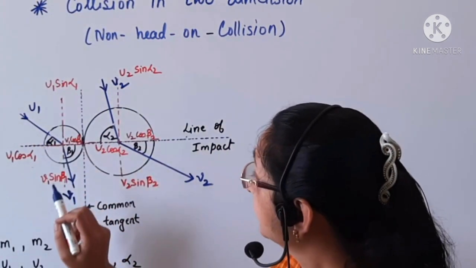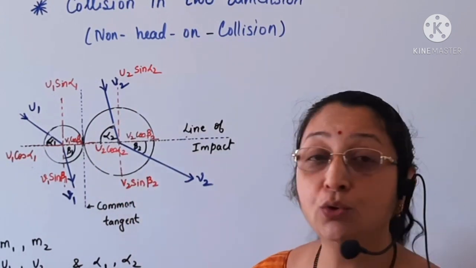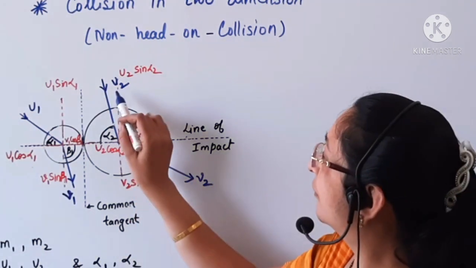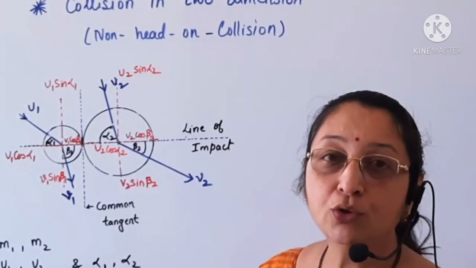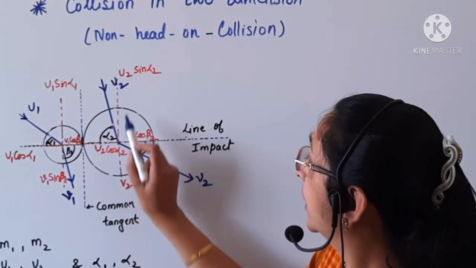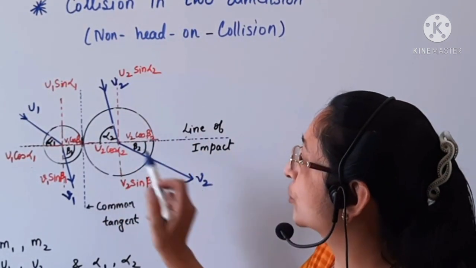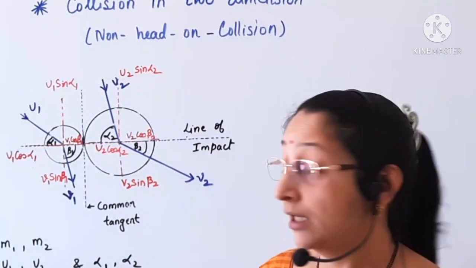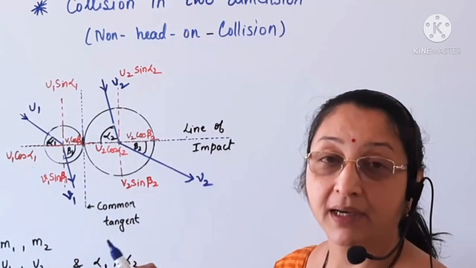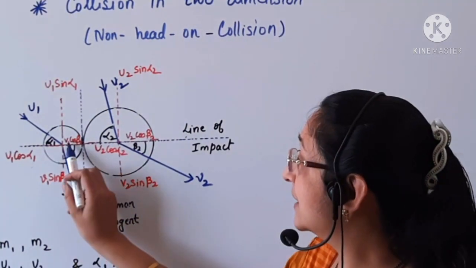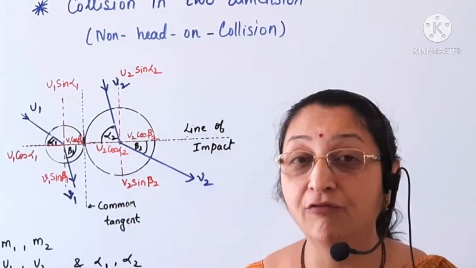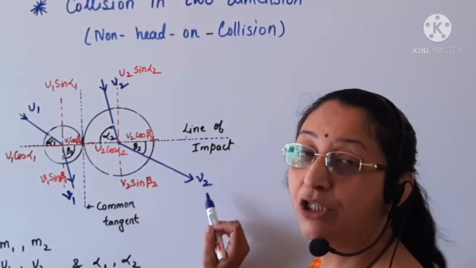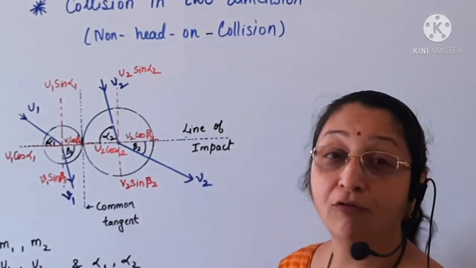Similarly, this initial velocity u2 we separate into two parts, that is, u2 sine of alpha 2 and u2 cos of alpha 2. Similarly, the final velocity v1 we again separate into two parts. The final velocity v1 is making an angle beta 1 with the line of impact, and the final velocity v2 is making an angle beta 2 with the line of impact.